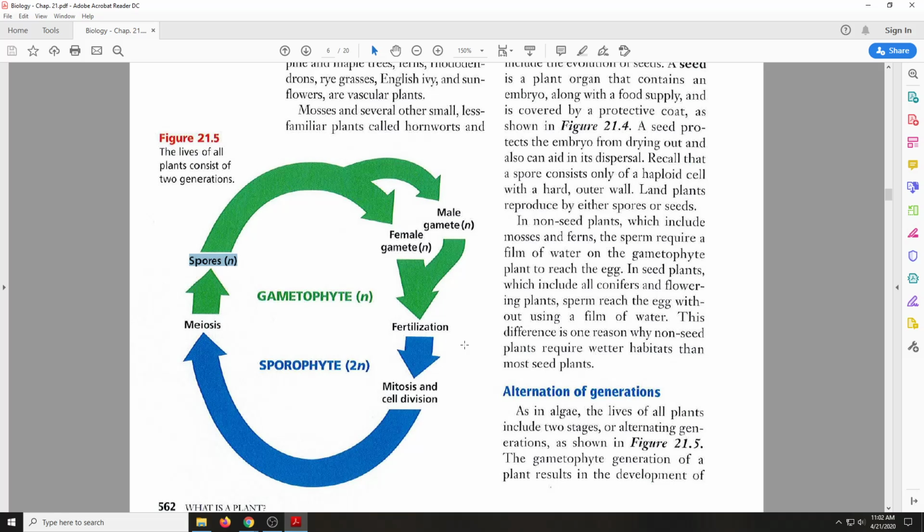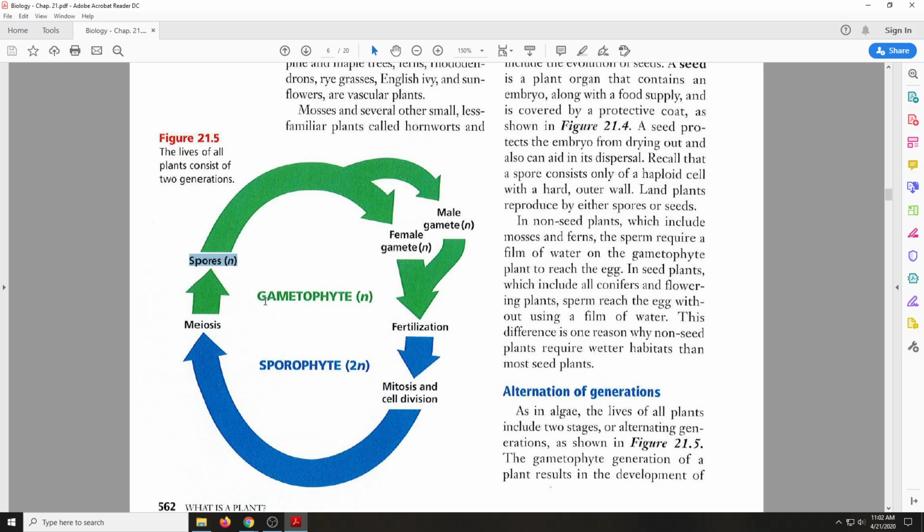In non-seed vascular plants, such as ferns, spores have an outer hard covering. Spores are released into the environment where they can grow into haploid gametophyte plants. So this is the weird part. In some plants, these two are almost independent organisms.